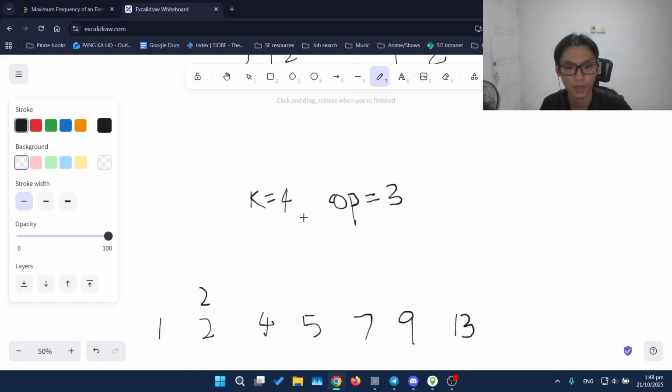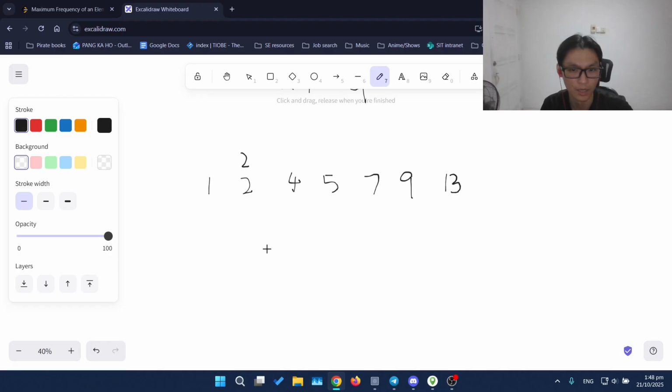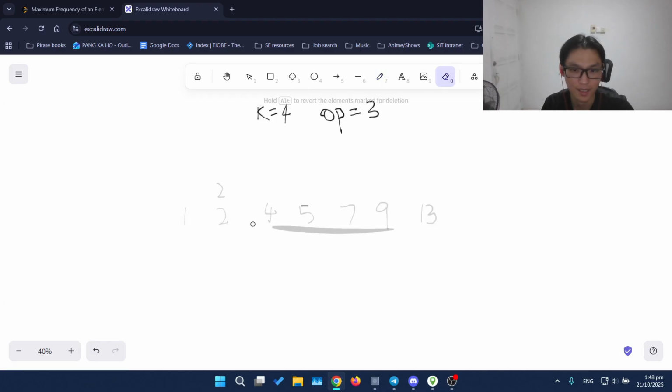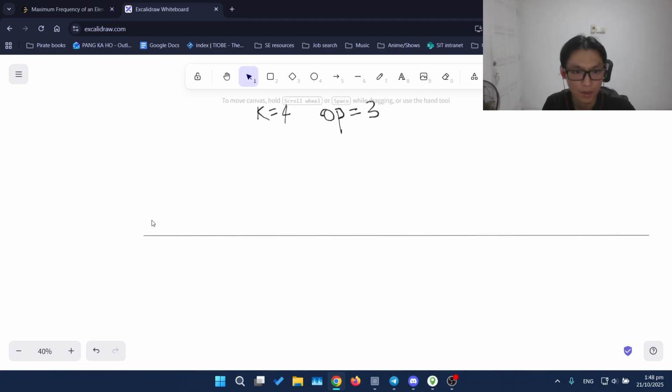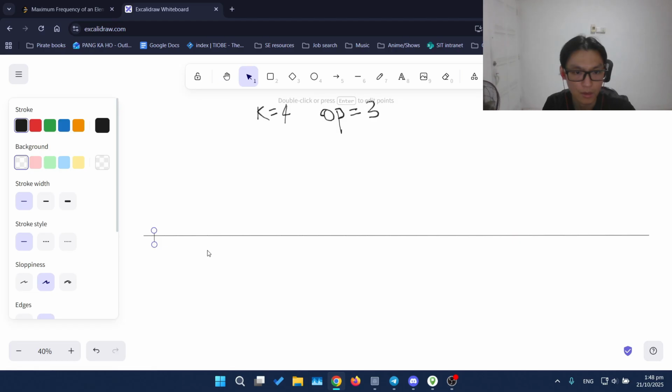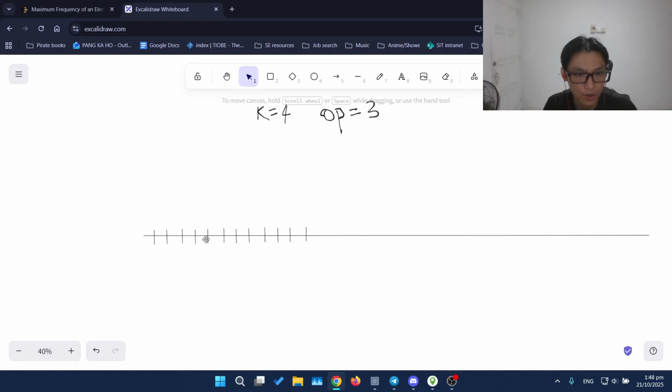I think we can try to draw it out. I think we actually might need a number line in this case. I don't think this is good enough. So here, we're gonna do like this. Then do like this. Yeah, that's good enough. 1, 2, 3. 1, 2, 3, 4, 5, 6, 7, 8, 9, 10, 11, 12.